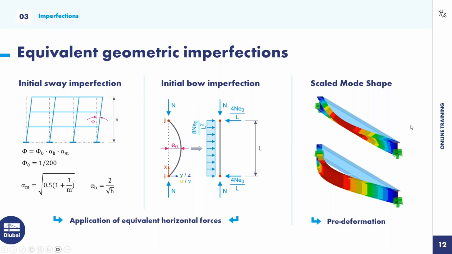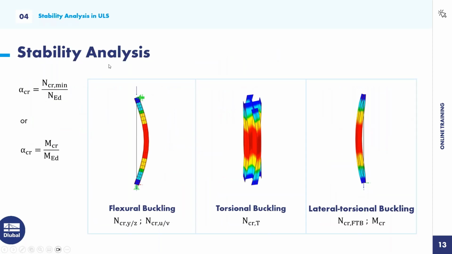So then the next slide, stability analysis. When designing in RFEM, 3 different stability analyses are carried out. On the left side, you can see the classic flexural buckling as a lateral deflection.